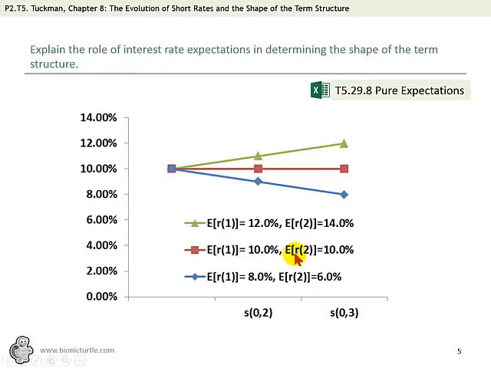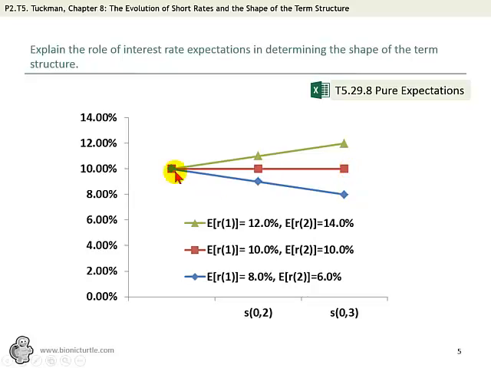And further, the market also expects that 2 years forward, the 1-year rate will also be 10%. So here we have expectations about future 1-year rates. The idea with pure expectations is that we would end up with a flat term structure with a 2-year spot rate at 10% and a 3-year spot rate at 10% as well. After all, nobody's expecting the 1-year rate to change.